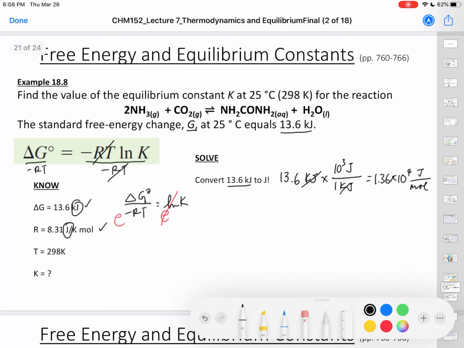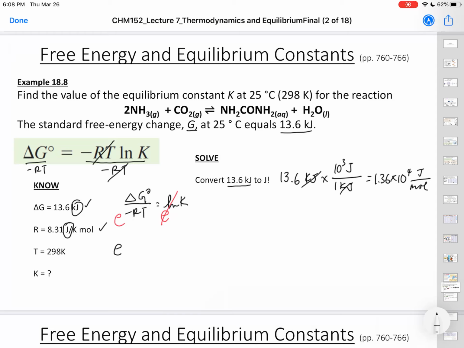To get rid of the ln, you need to raise e to both sides, so that cancels out your ln. This gets you e to the delta G over minus RT equals K.